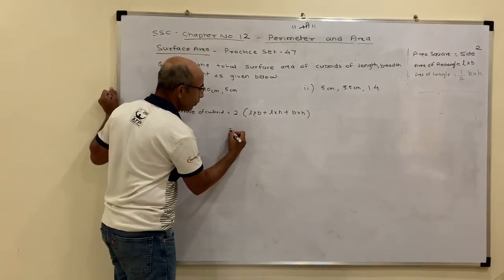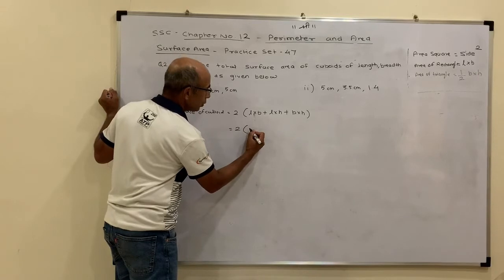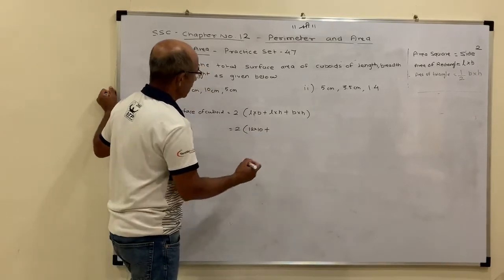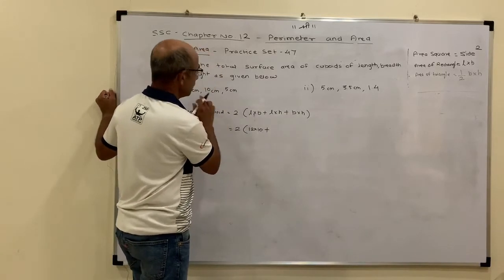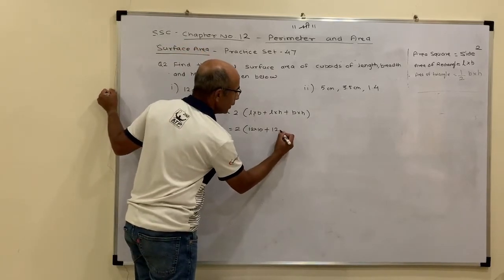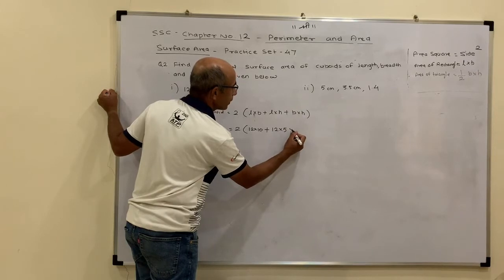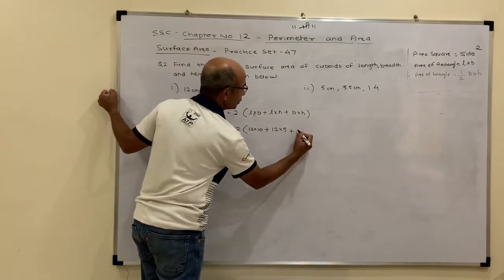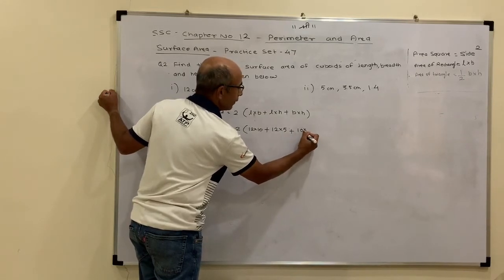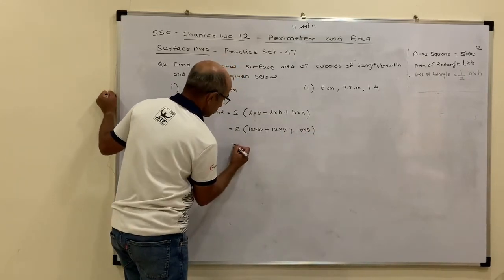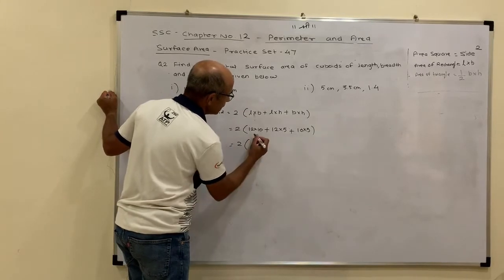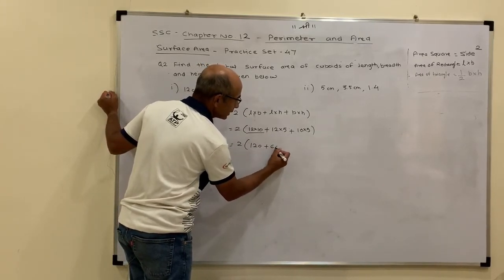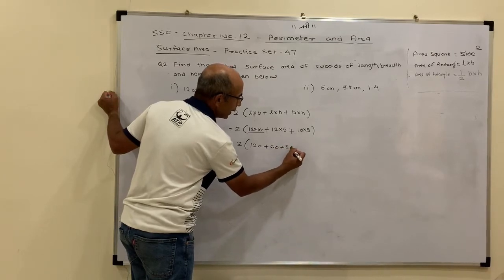So length into breadth is equal to 12 into 10 plus length into height, so 12 into 5, plus breadth into height, so 10 into 5. So the calculation next step is 12 into 10, 120 plus 60 plus 50.